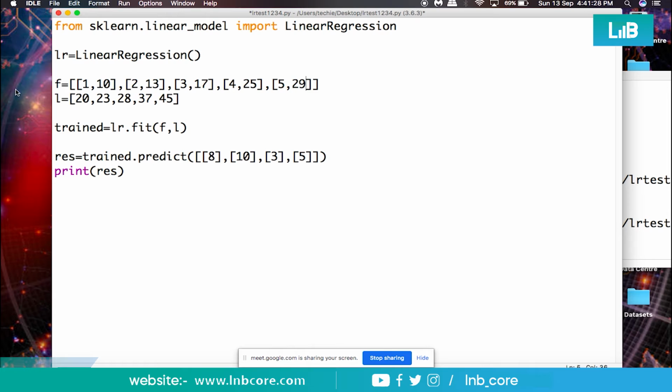Is that okay? So every value is rising: 10, 13, 17, 25 and 29. Likewise 1, 2, 3, 4, 5, right? Instead of 2 you can have 3, you can skip that 2 also, you can have 5, 8, or 13 years of experience. This is how you can do it.